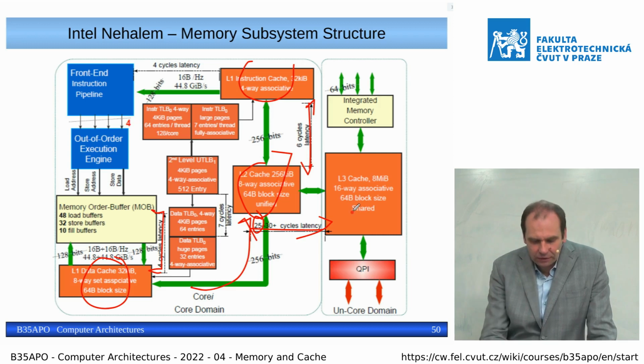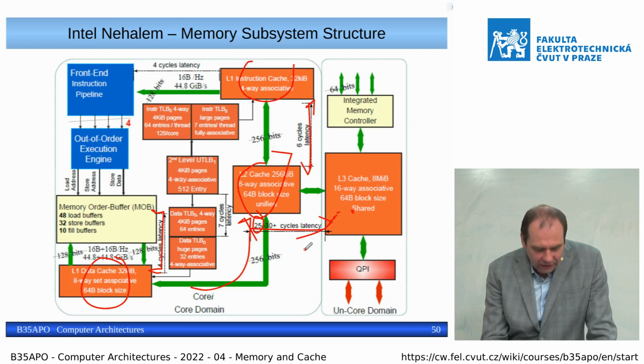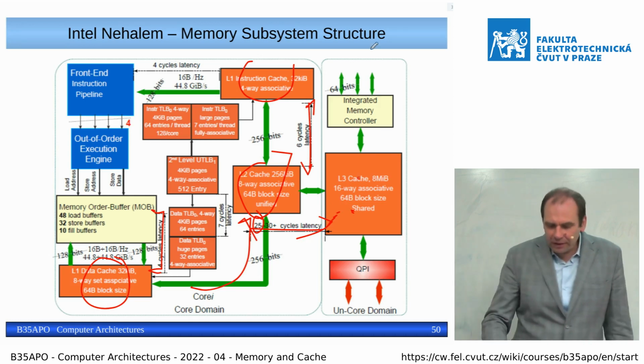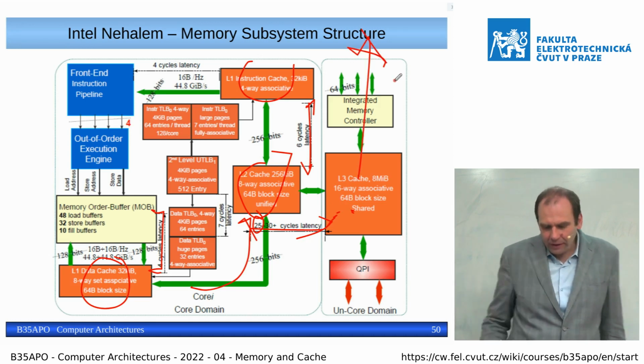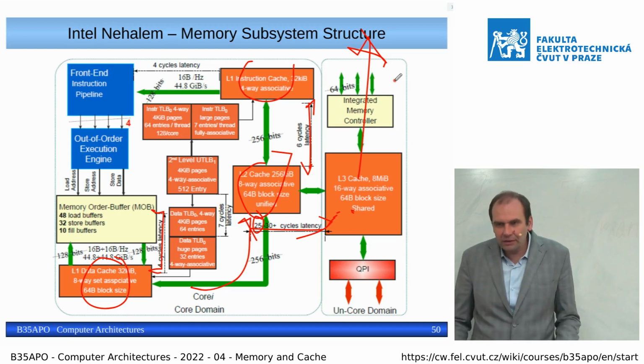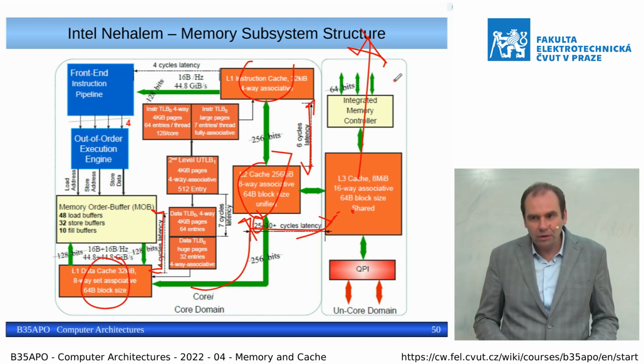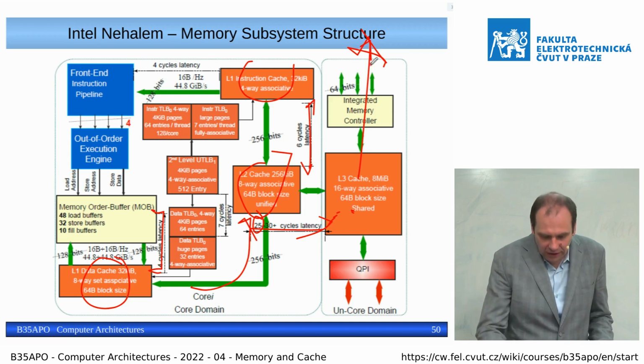So access of the data from here is something like 35 to 40 cycles. And at the moment when you need to access the actual memory, then it is another 100 cycles or even more additional cycles of latency.